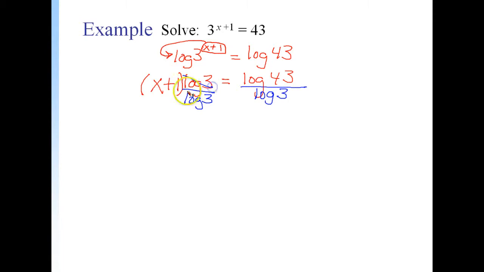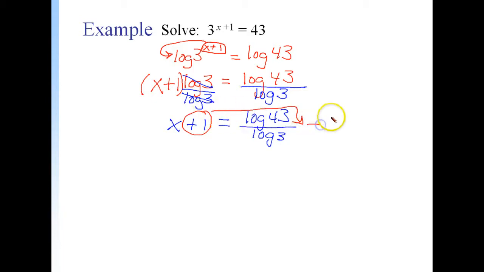Here these cancel out, and I'm left with x plus 1 equals log 43 over log 3. Now we want to solve for x, so we're going to take this item and move it to the other side, where it changes its sign and becomes a negative 1.